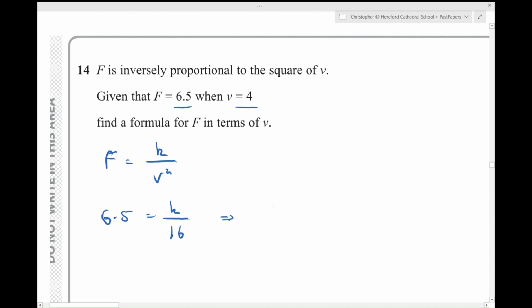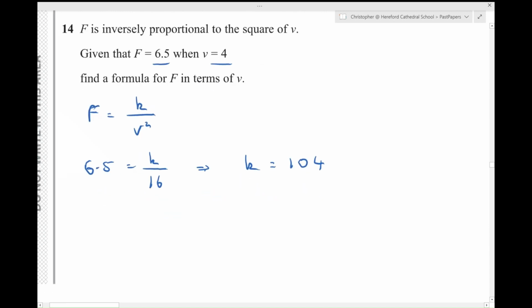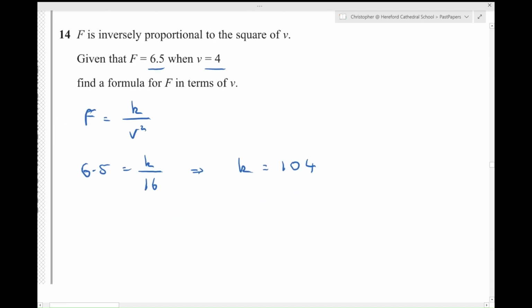We'll multiply both sides by 16, and now I know that k is 104. So now I can rewrite my formula. Instead of writing f equals k over v squared, I can write f equals 104 over v squared. And there is my formula for f in terms of v.